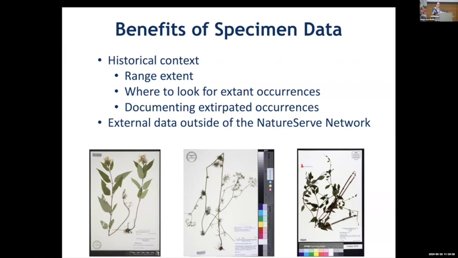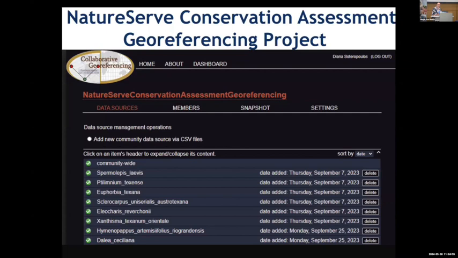I was really excited to bring my experience as the Arkansas Herbarium Digitization Coordinator to NatureServe so that I could help with implementing more digitization and having this data available to us for ranking. So in September, I set up a COGI project for conservation assessment georeferencing so we can use GEOLocate to get this data for status assessments.